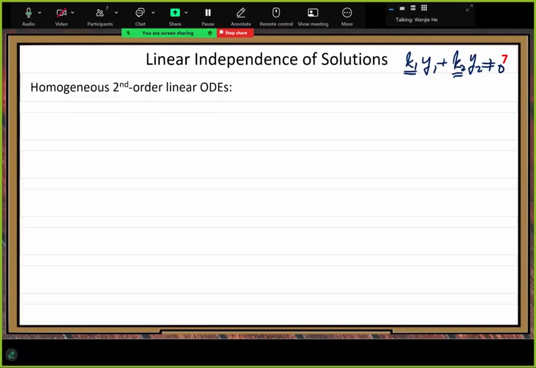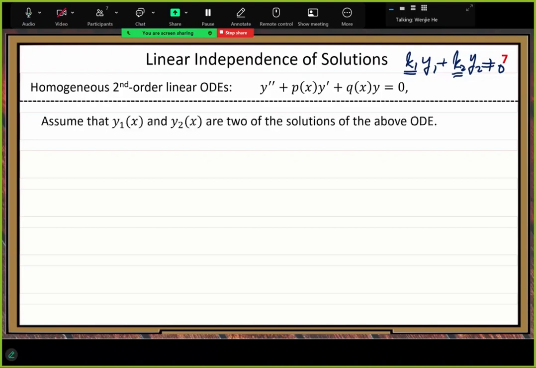Homogeneous second order linear ODE. For homogeneous second order, we only consider y1, y2, because to get a basis, we only need two functions. Assume that y1 of x and y2 of x are two solutions of the above ODE.